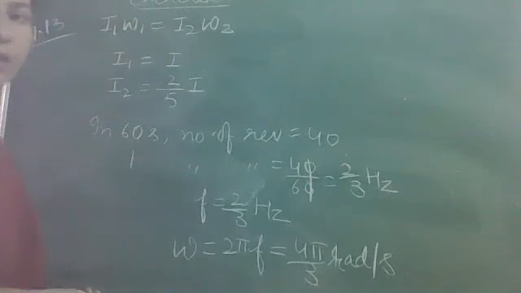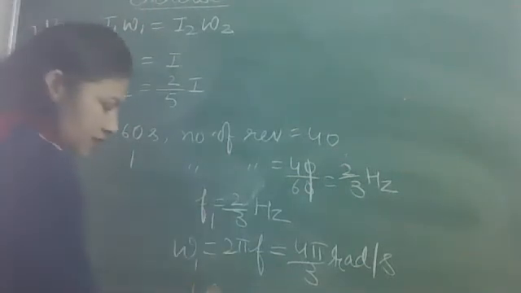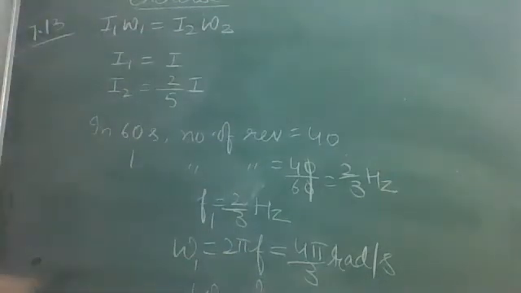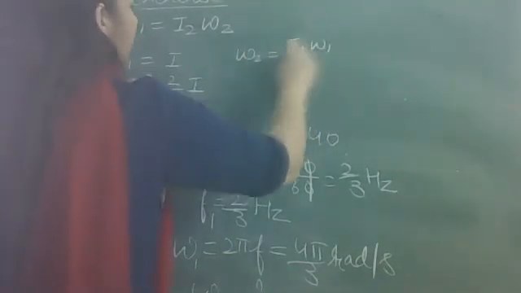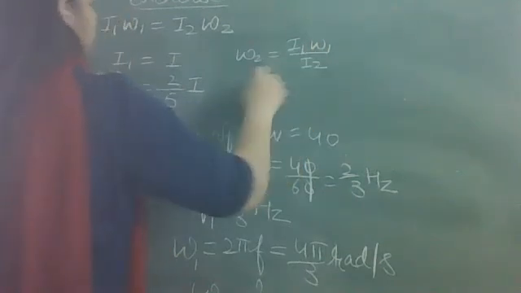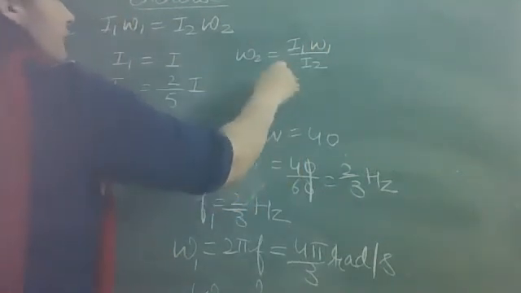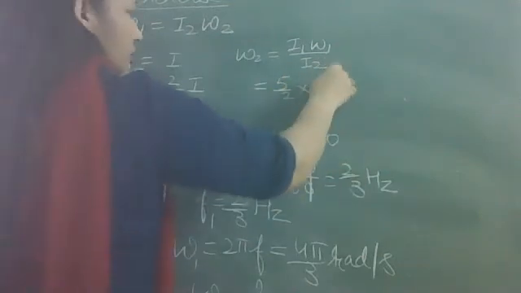We are to find omega 2. This is omega 1. What is omega 2? This is our question. So put in the values there and just solve it out. So omega 2 will be I1 omega 1 over I2. I1 is I, I2 is 2 by 5 I, so 5 by 2, and omega 1 is 4 pi by 3.